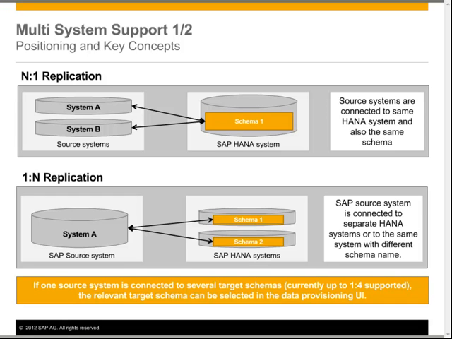You could also have multiple source systems connected to the same HANA system, even the same schema. The same LT replication server could even have the same SAP source system connected to separate HANA systems or to the same system with a different schema name. So up to 1 to 4 HANA systems is supported.